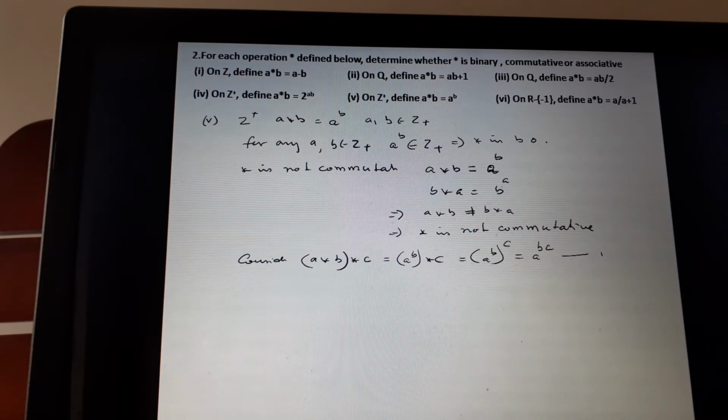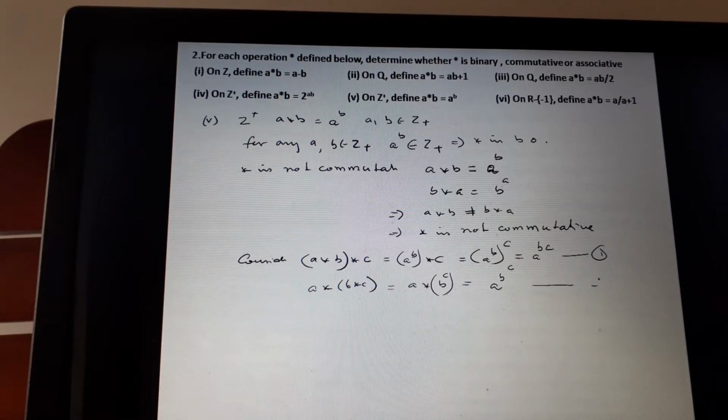So this is one. Then A star (B star C). What is B star C? B power C. Even if you want, you can put a bracket here. So A star B power C is A power B power C.